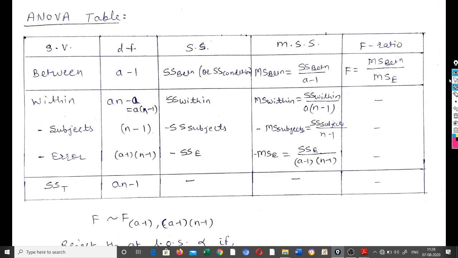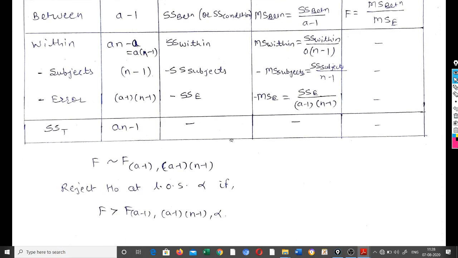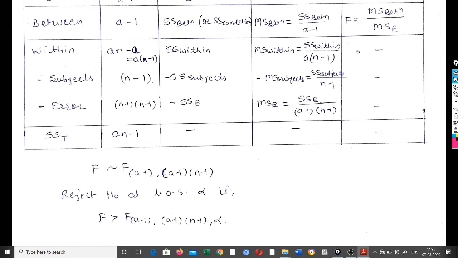So to draw a conclusion, compare this calculated value with the table value. The table value is F with A minus 1 comma n minus A comma alpha. Now find out this table value from the table of F distribution, and not n minus A, here it is (A minus 1) into (n minus 1) comma alpha.